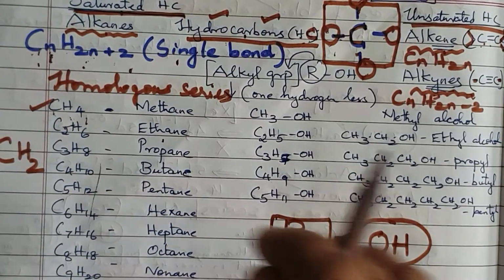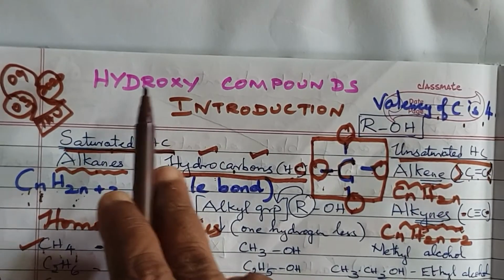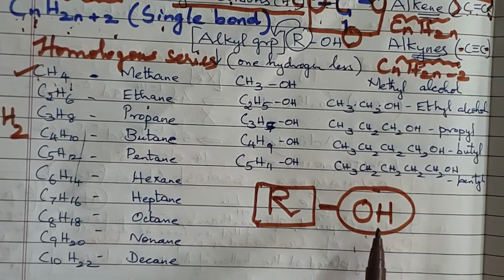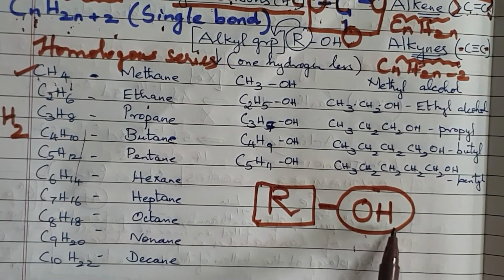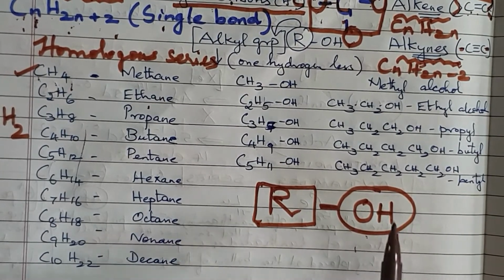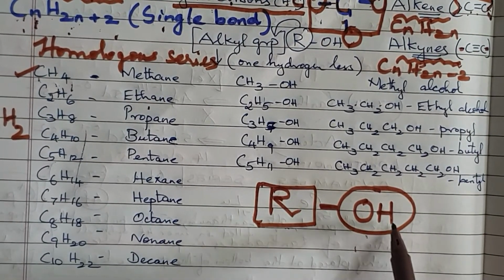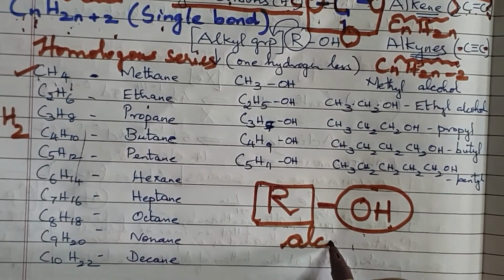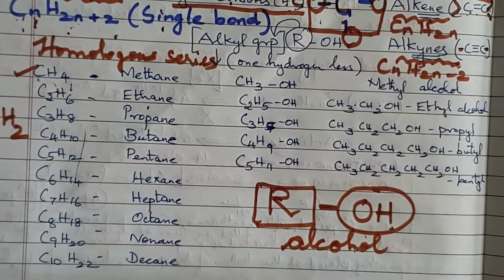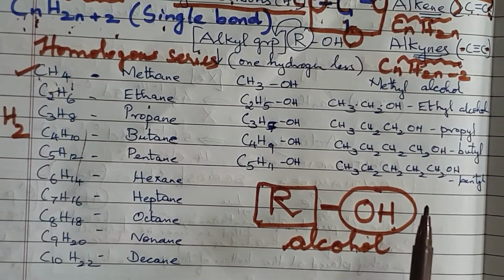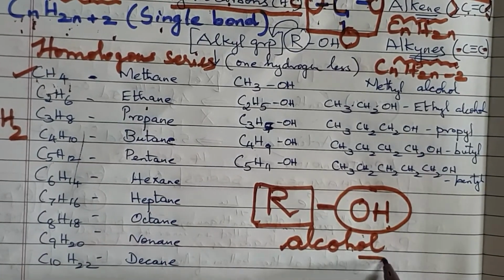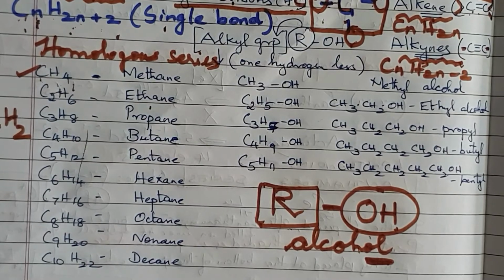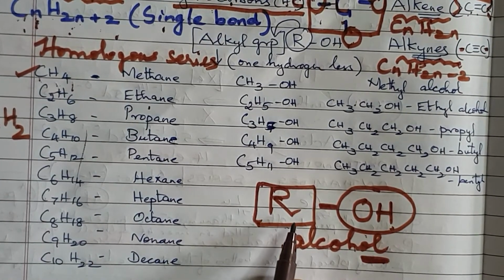OH stands for hydroxyl group, so this is a hydroxy derivative. This will be a hydroxy compound, and any alkyl group with an OH is called an organic alcohol. The alcohol group is the OH group, and the IUPAC name will end with -ol. R stands for an alkyl group.